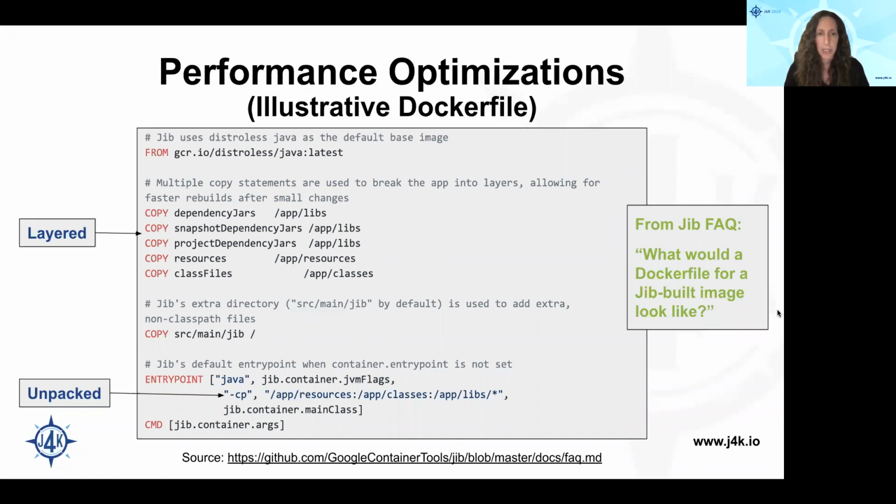That's most likely to change frequently, so that's the last layer that's created on the image. That way, when you just change your own class files, the build is faster and also less data is transferred over the network to the Docker registry if you're publishing it. So that's another cool optimization that Jib is doing.